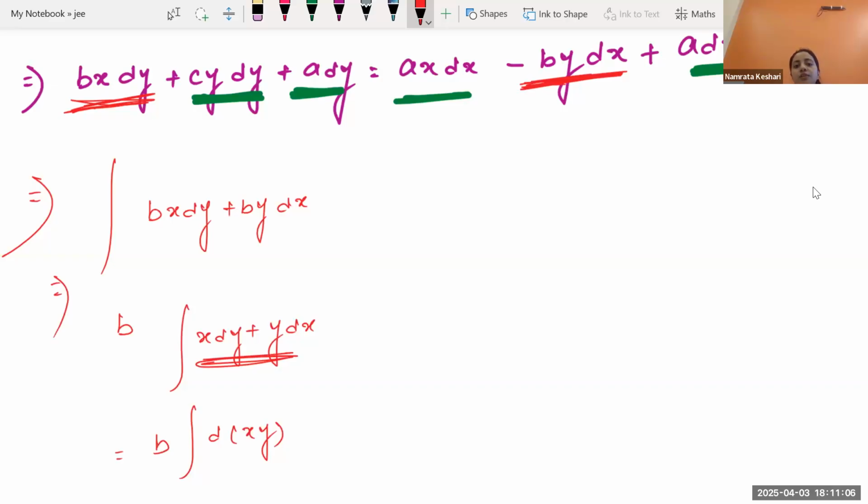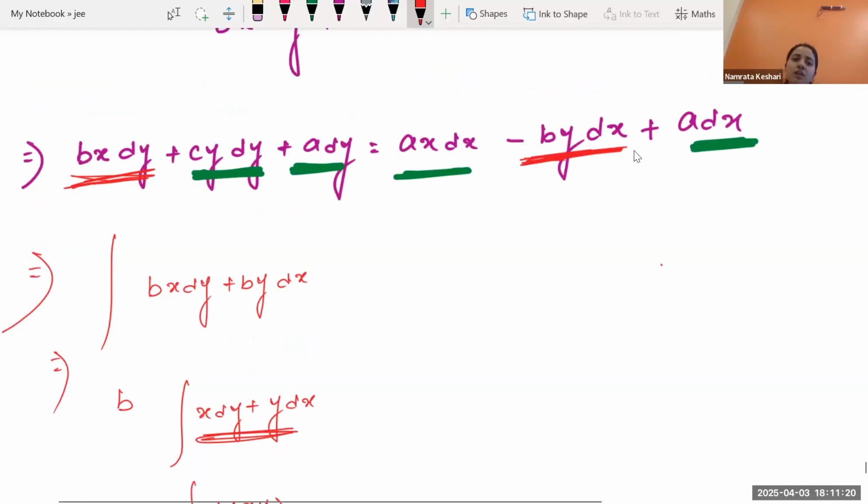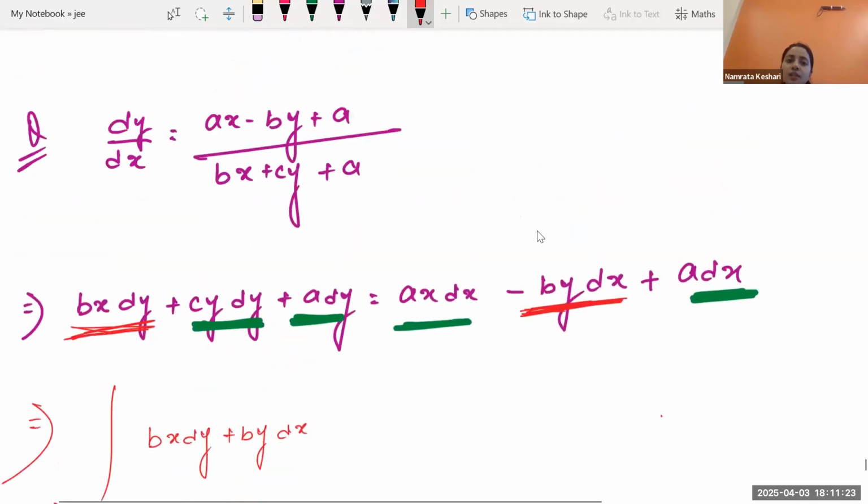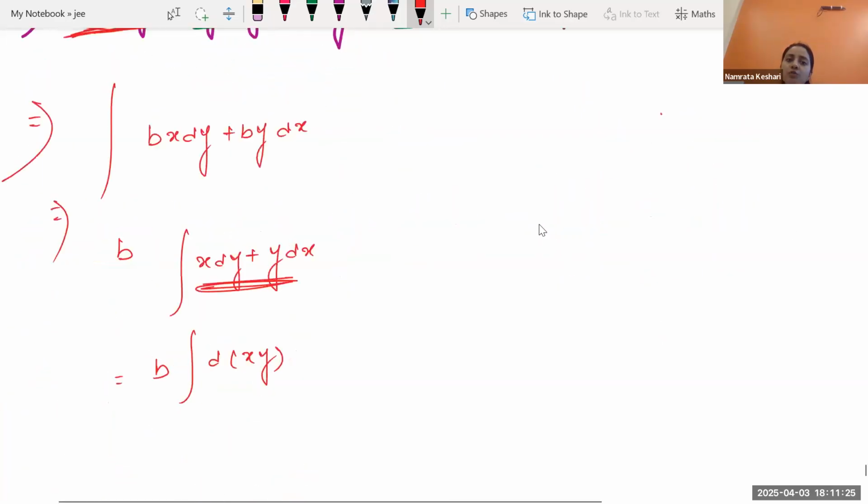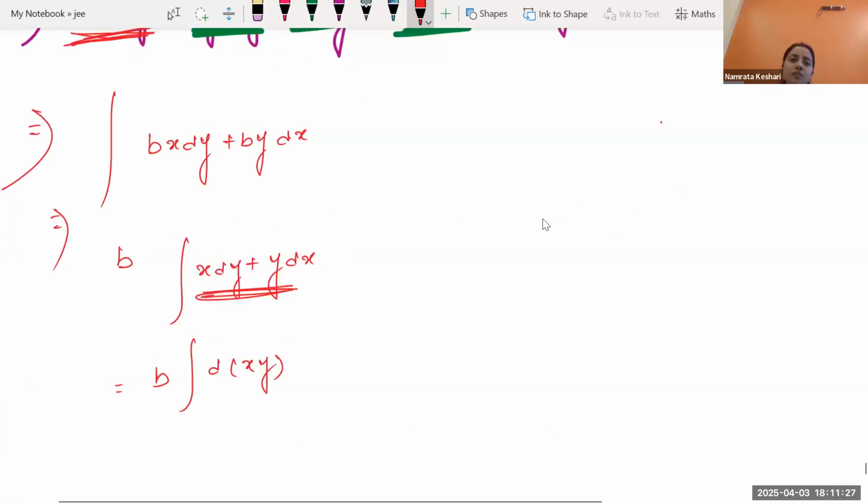First function times derivative of second function, plus second function times derivative of first. Yes, ma'am. So basically we are going to get just xy from here, right? Yes, ma'am. So yeah, we are done. Others will be able to do it easily. And when we are talking about solution, then you will be able to find the solution.